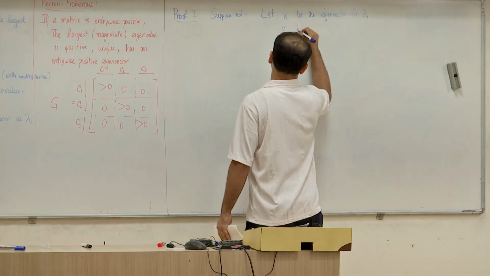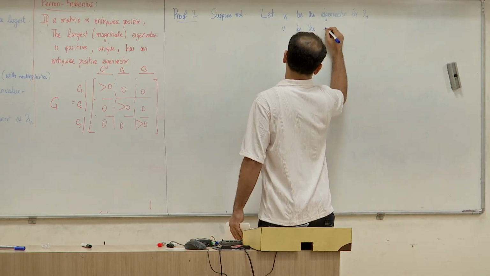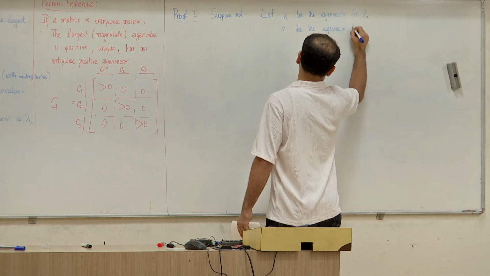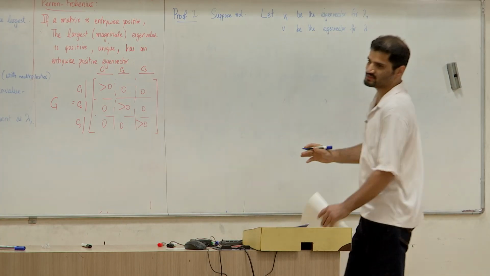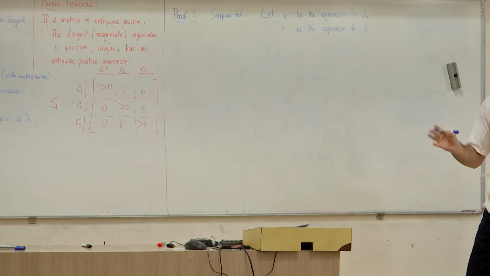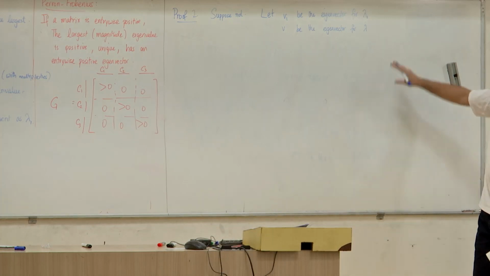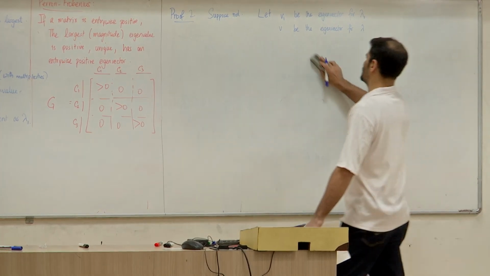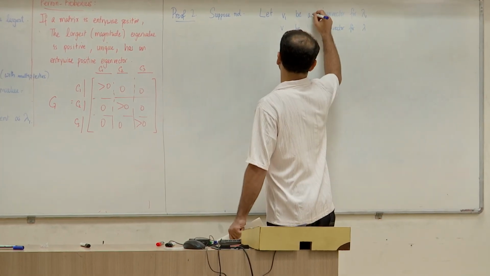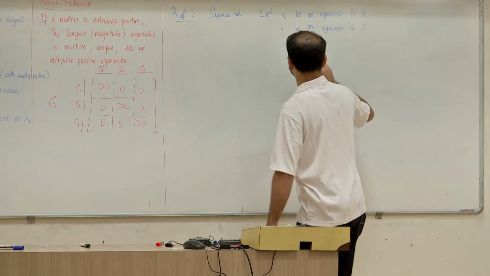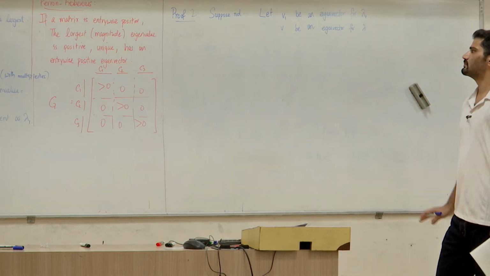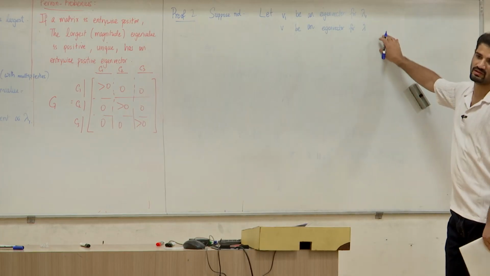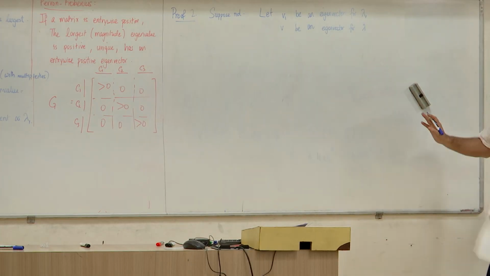Let's just call V the eigenvector for lambda. This has support on the vertices in C2 or in a different component. It's some eigenvector which lives in different components. So this is supported on C1, this is supported on a different component. They're supported on different components. That's the point.